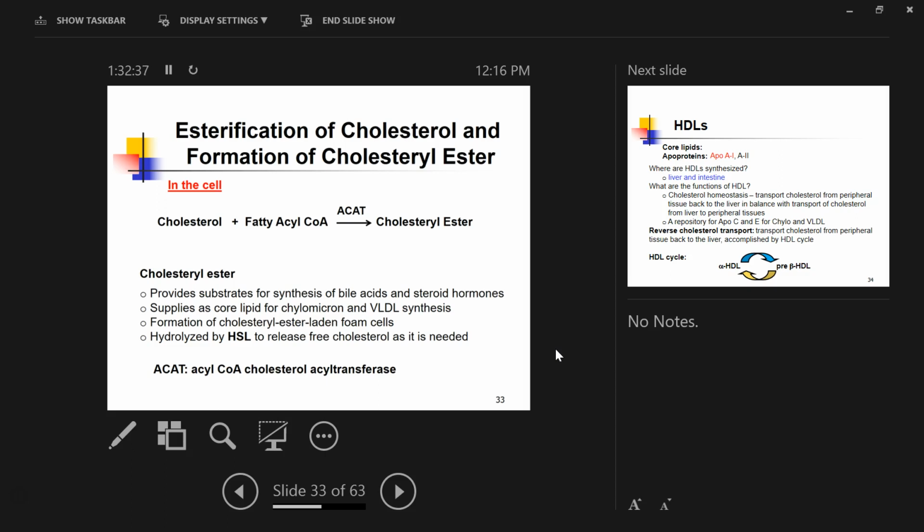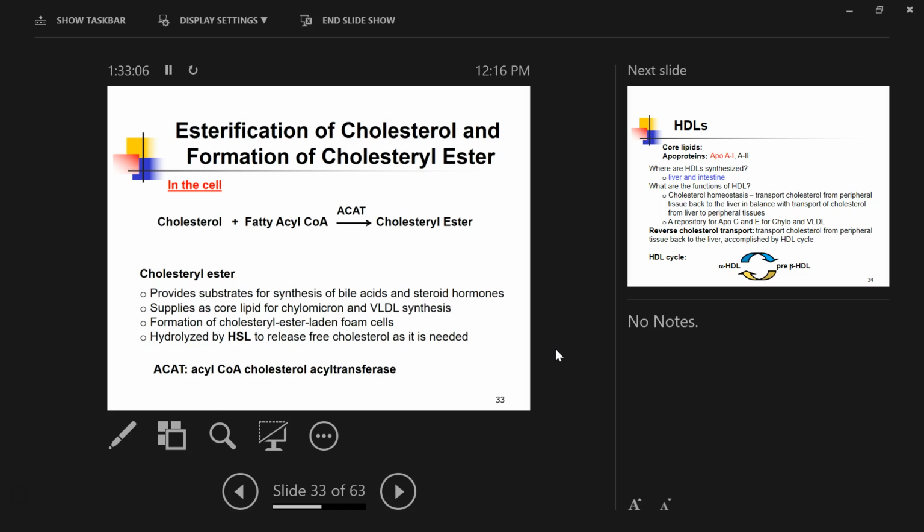Basically, one fatty acid is attached to a free cholesterol molecule to form a cholesterol ester. The enzyme is ACAT, acyl-CoA cholesterol acyltransferase. ACAT catalyzes the esterification of free cholesterol.